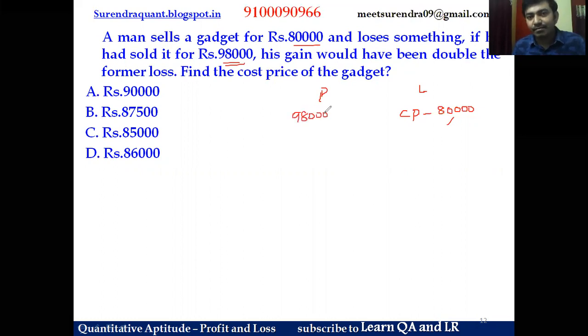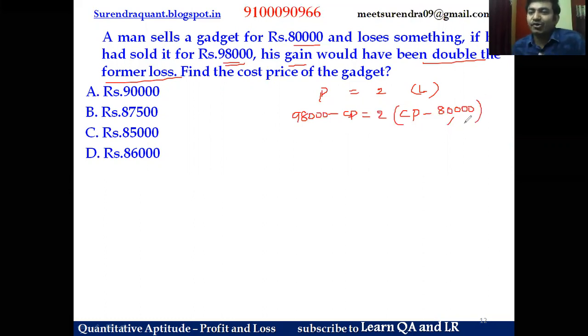Selling price minus cost price. Because of selling at 98,000, he will get some gain, right? And that gain is double the former loss. So the profit is 2 times the loss. So here profit is 98,000 minus CP. This is 2 times the loss.